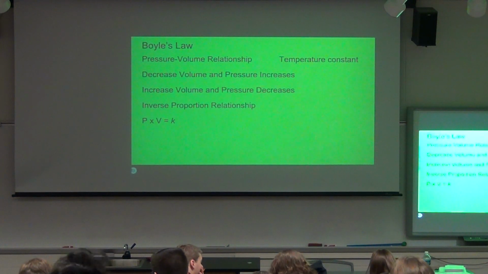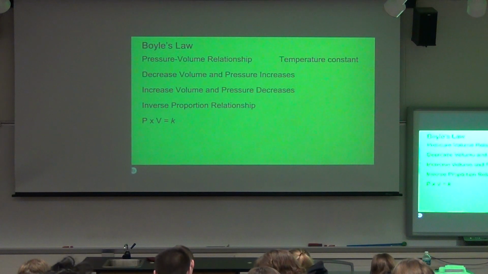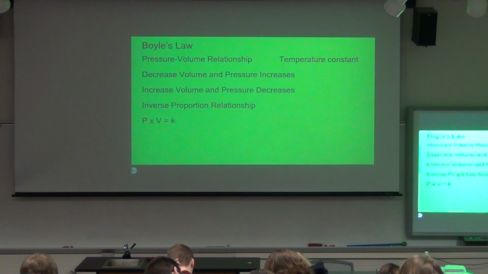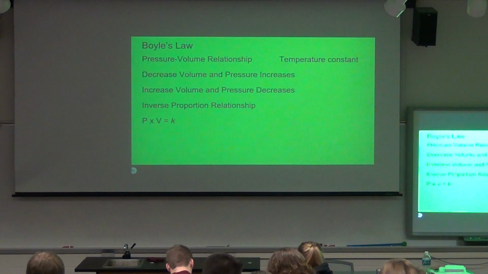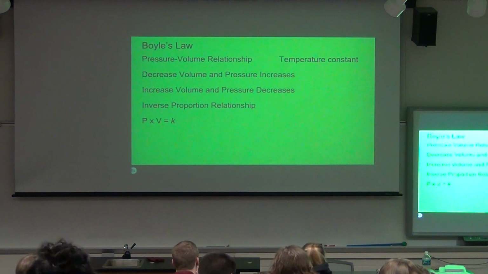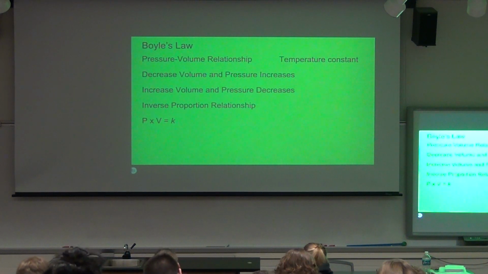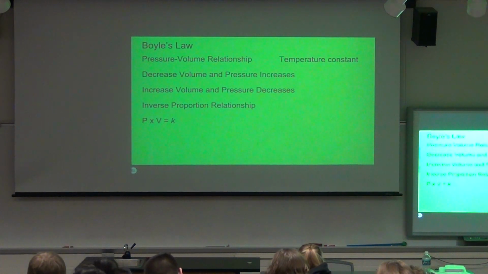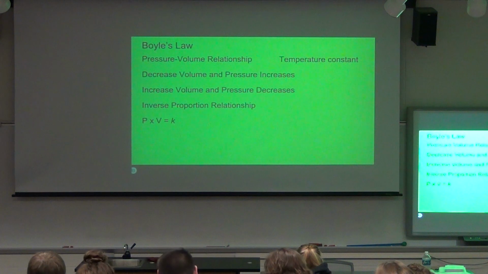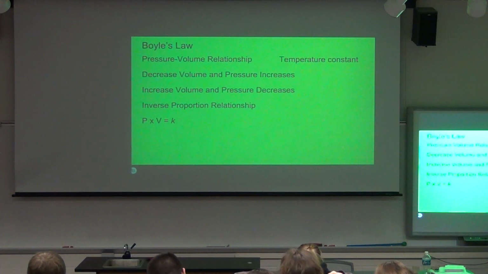Whenever we take a look at a gas that's undergoing changes in pressure and volume, when we take the pressure and multiply it by the volume, we always get the same result. Which makes sense. If I'm increasing my volume and my pressure is decreasing, whatever one goes up by, the other's going down by, so I multiply to get the same result.